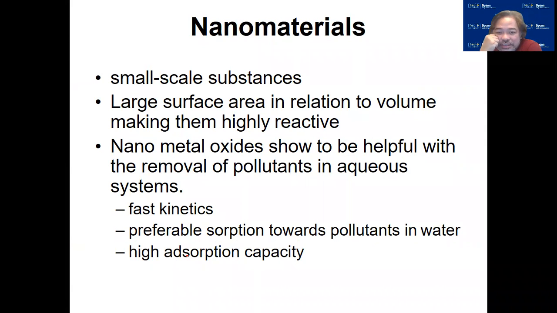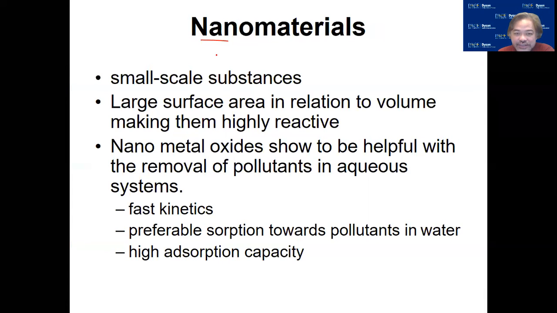So the first study that I did is to use these nanomaterials. Okay, so if we're going to look at nanomaterials, these are small scale substances. So these are structural components that are in the range of 1 to 100 nanometers. That's why they call it nanomaterials.